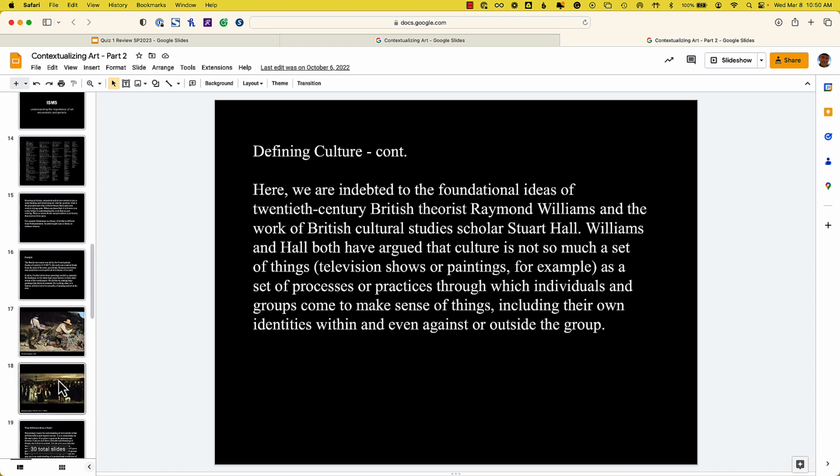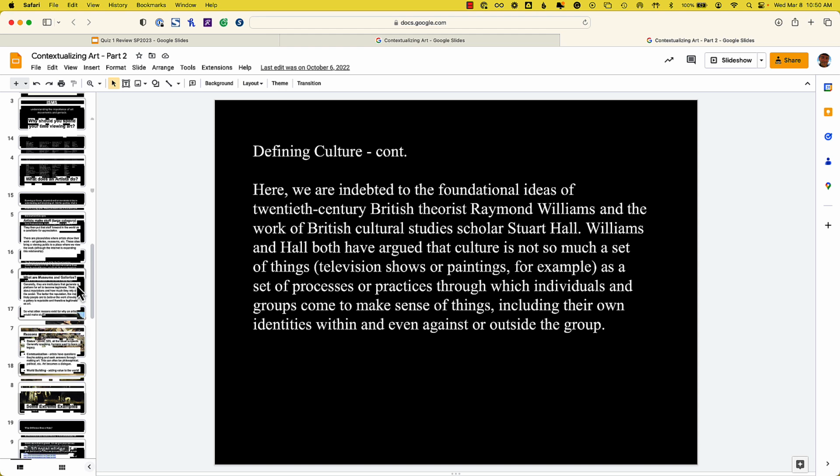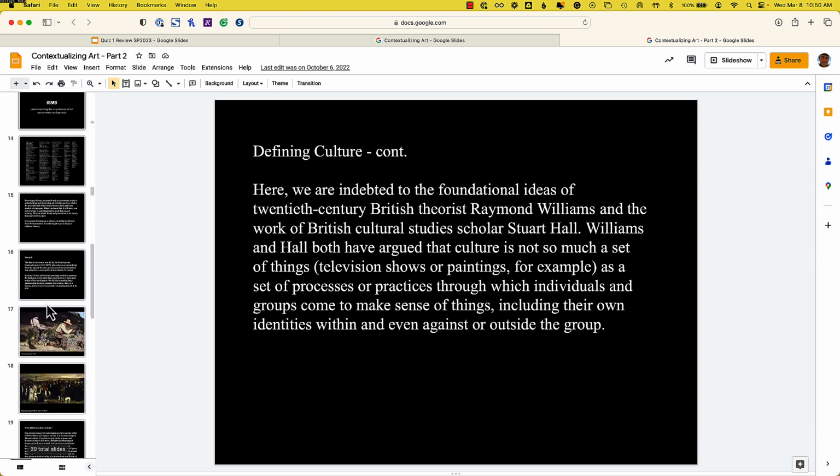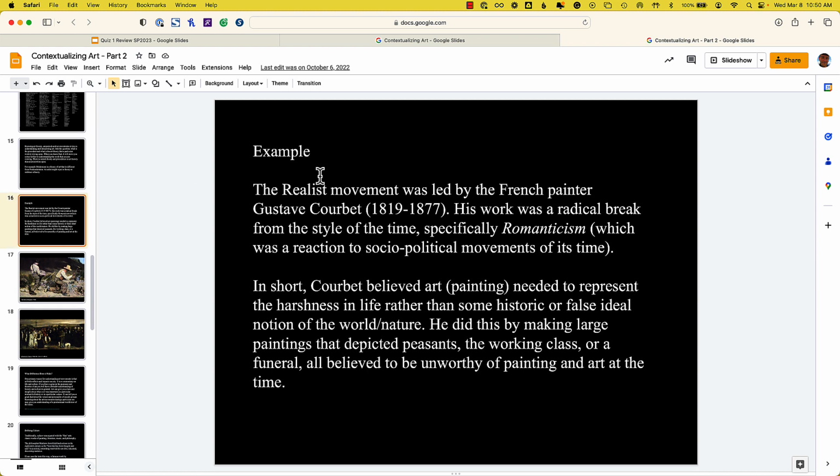Think about isms and why they exist, and the example I give here of realism, right? The realist movement might be a nice way of really rounding out understanding what isms are about. They're often in response to a previous ism or a previous train of thought for what art should be doing.